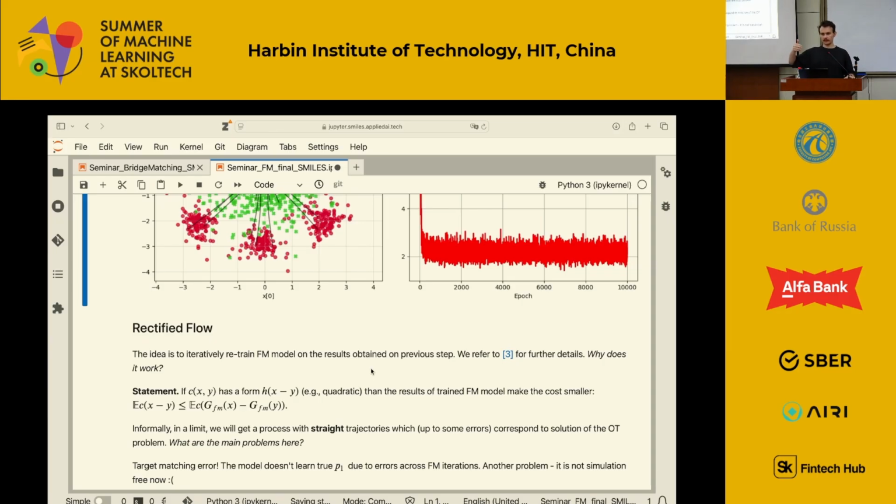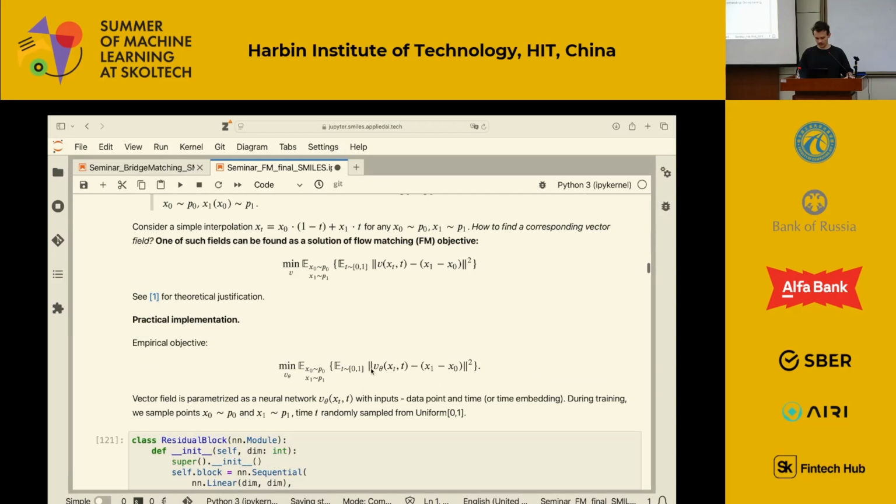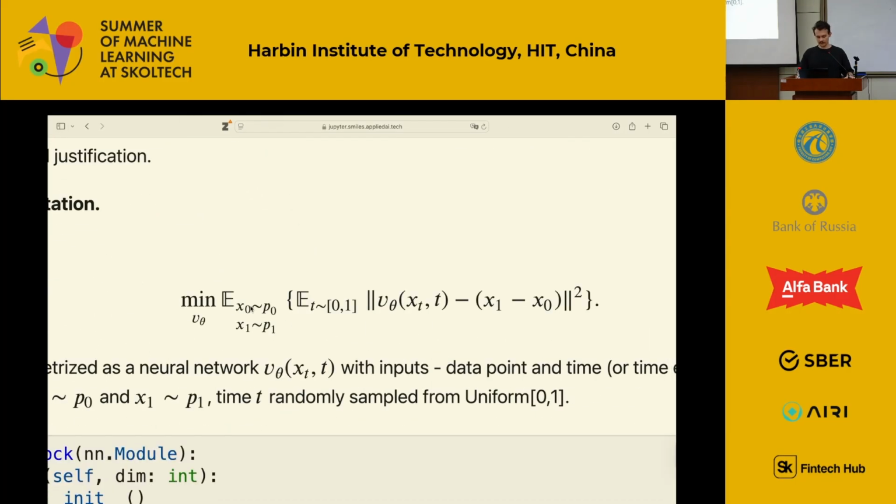Before that, how have you trained your flow matching? By optimizing this loss, yes? And you had this distribution here, x0 and x1. Now this distribution is substituted by the distribution of generations from the already trained flow matching.